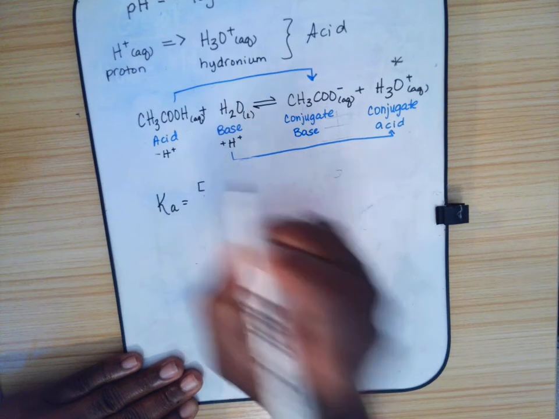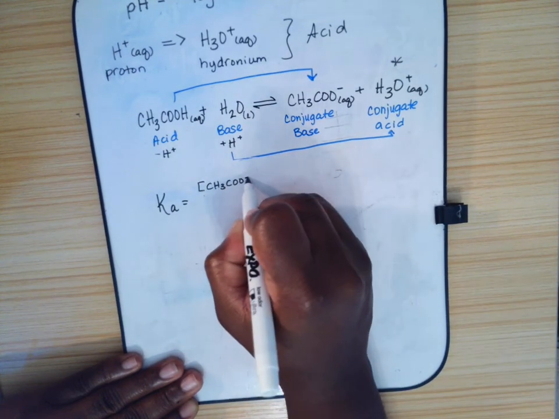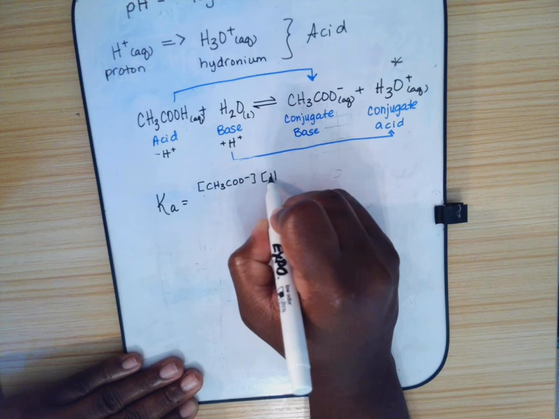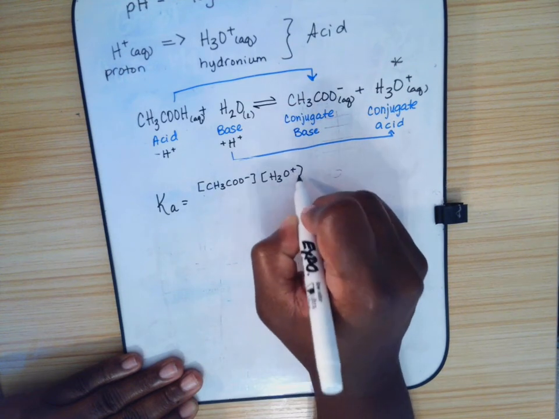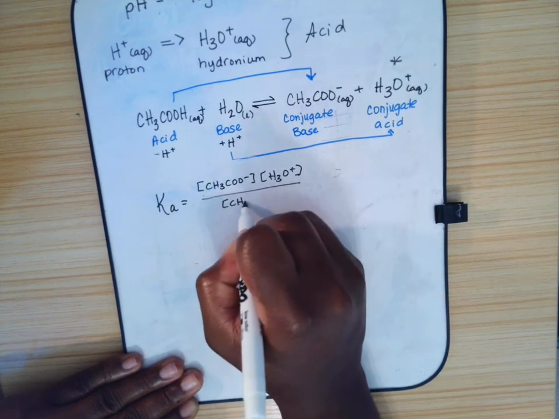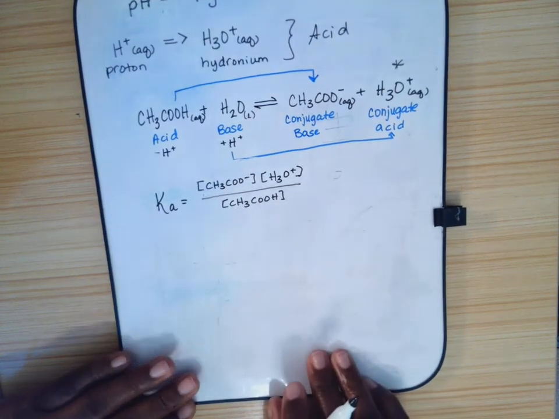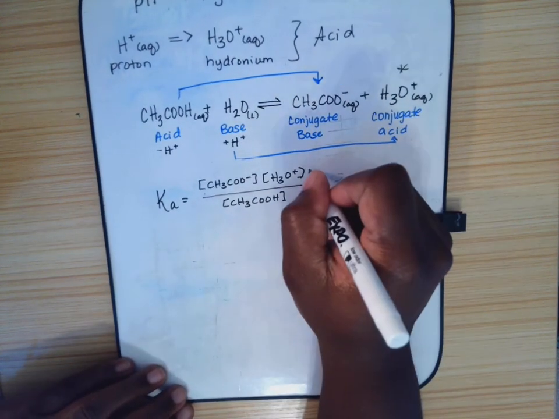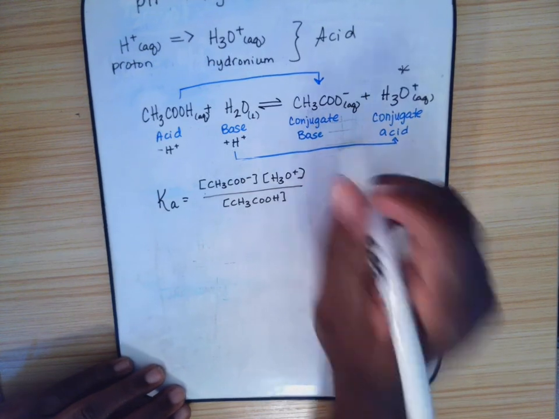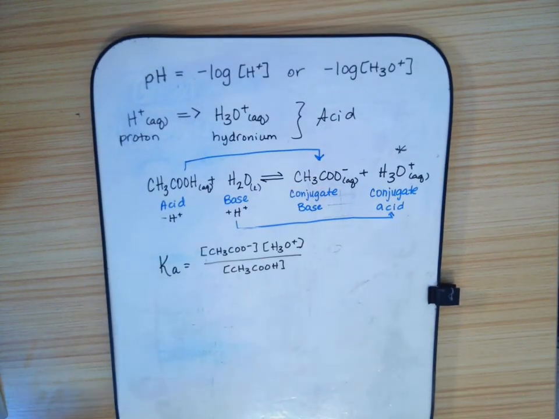I would include both products because they're both in the aqueous phase. That physical state is included. I would only include one reactant, which is my weak acid, because water is in the liquid phase and it would be excluded. So this H3O+, that concentration is what determines the pH of your solution.